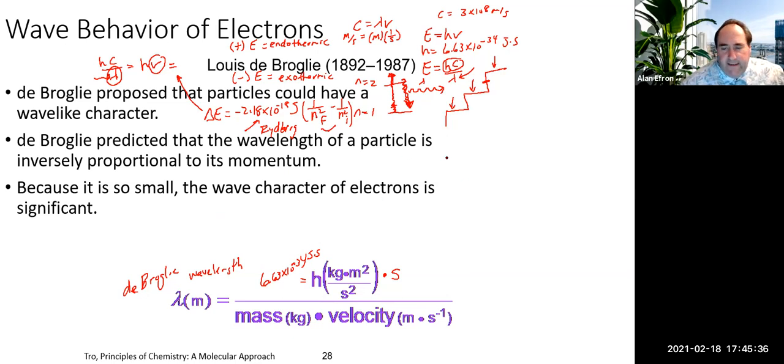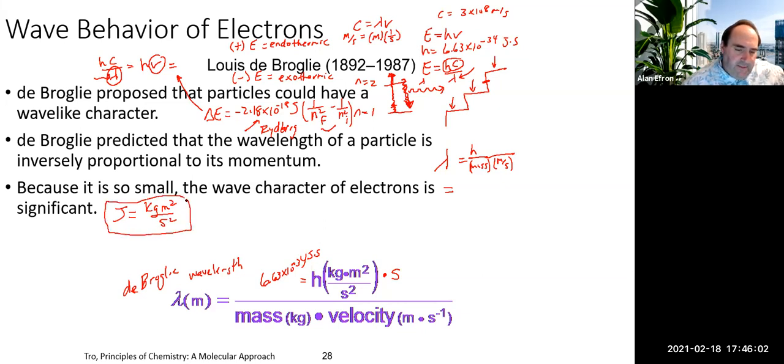So why is that? We need to have things in certain units. If we look at this, the wavelength equals H over our mass and our meters per second. If we put the units in, one relationship that we saw earlier was that a joule is equal to a kilogram meter squared per second squared. We saw that at the end of chapter 1.